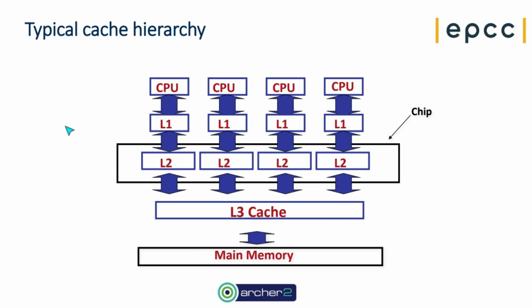So the typical design is, okay, my diagram's gone horribly wrong here. Ignore this box that says chip, please. That should encompass all the CPU's level 1, level 2, and level 3 caches. It's typical to have cores, each with its own level 1 and level 2 cache, and then some set of cores shares a level 3 cache, and the main memory is external to the chip.